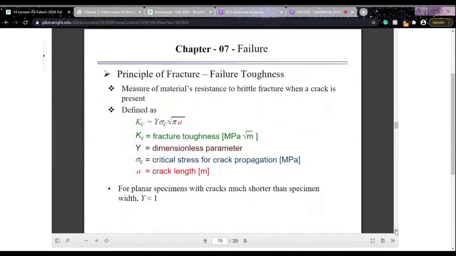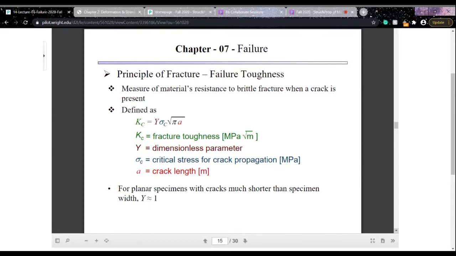And then we have the concept of fracture toughness. The fracture toughness of a material is indicative of its resistance to brittle fracture when a crack is present in it.